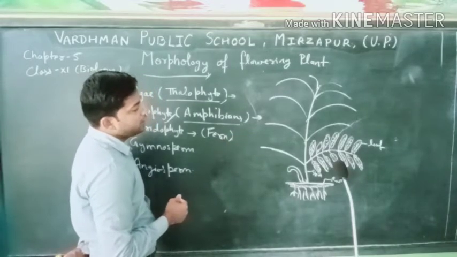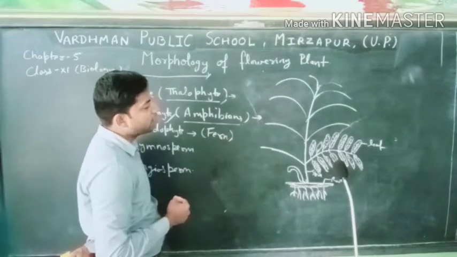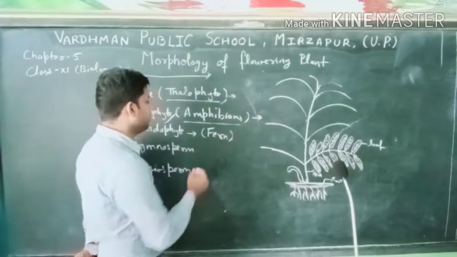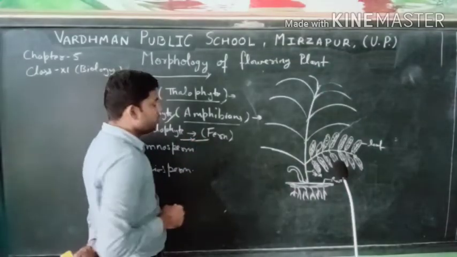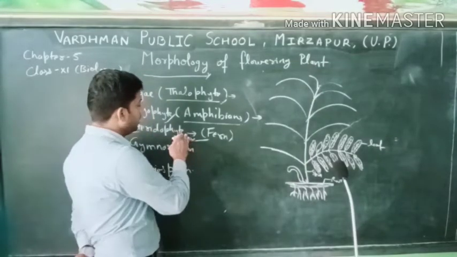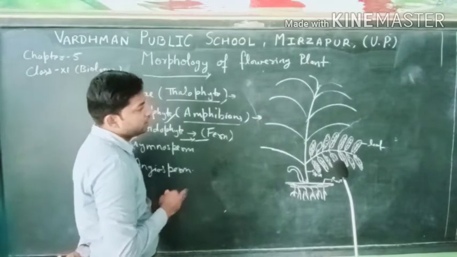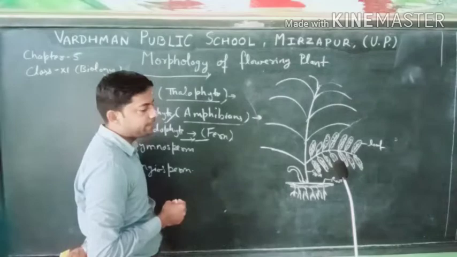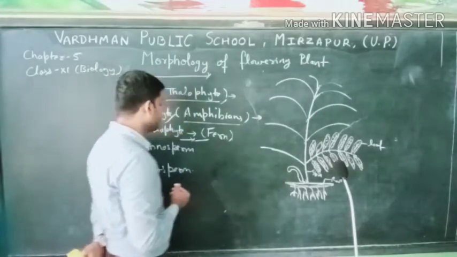If we see this plant, there are no flowers and fruits present. It means this is also not included in flowering plants. Some other examples of this plant are Selaginella, Salvinia, Equisetum, and this is a sperm plant.